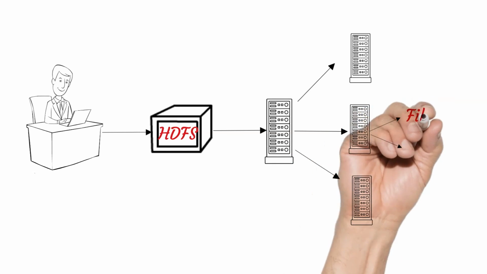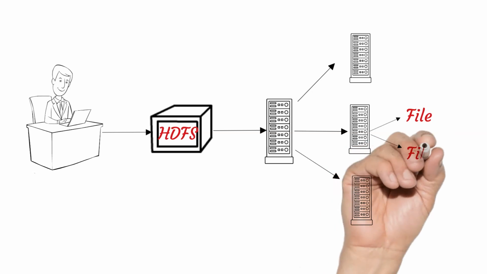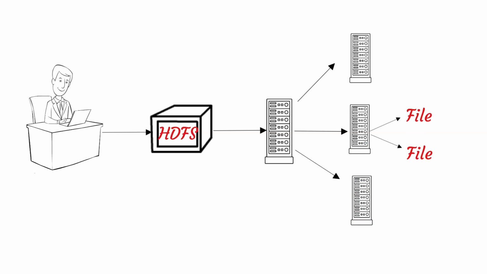It also stores replicas of blocks to provide fault tolerance. NameNode follows the rack awareness policy for placing replicas on DataNodes to ensure that no data is lost during machine failure or hardware failure. In addition, the DataNode sends a heartbeat message to the NameNode to ensure that it is alive.